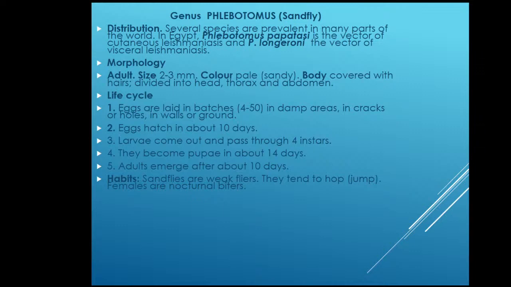Each transforms into a pupa after nearly 14 days. And after 10 days, the adult hatches out from this pupa. Sandflies are weak flyers, mostly they jump. The females are nocturnal biters.